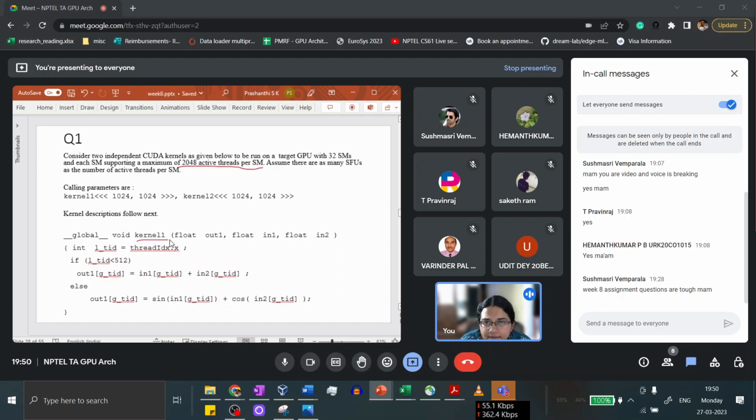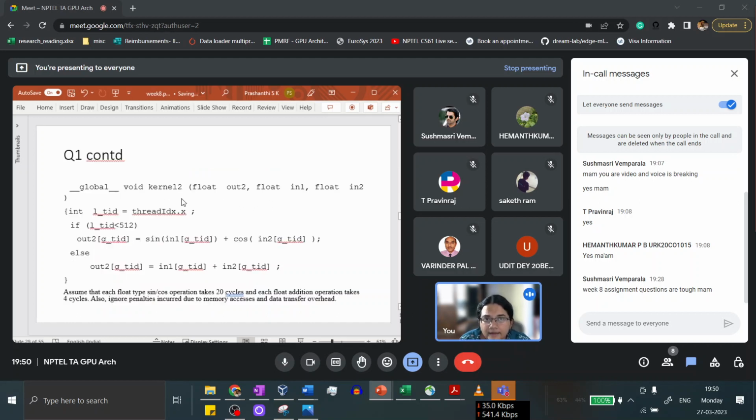So here's kernel 1. You calculate LTID as threadIdx.x. If it's less than 512, you do in1 plus in2. If not, you do sine of in1 of GTID plus cos. These are the operations done by kernel 1.